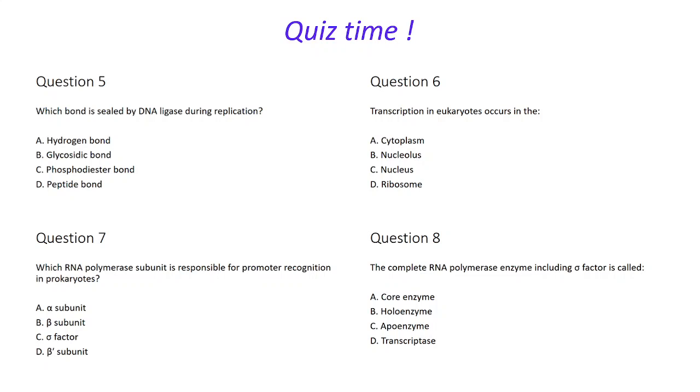Now, which RNA polymerase subunit is responsible for promoter recognition in prokaryotes? It's the sigma factor, right?